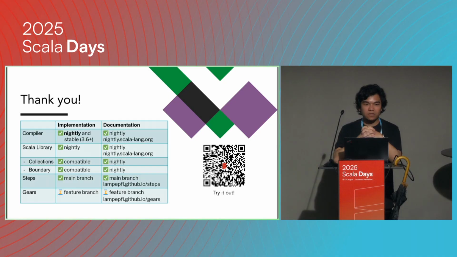If you don't have capture checking turned on, the annotations have no semantic meaning. But if I'm using a library that is... So it's like the other way around. If you turn on CC with the unchecked standard library, you run into the iterator problem that I've shown you.